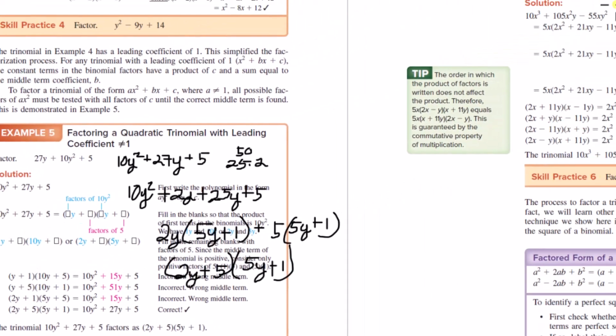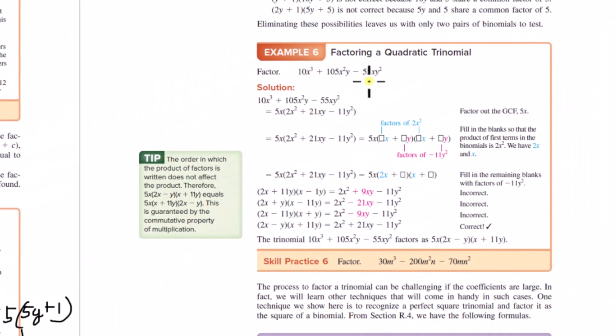Okay, if we come here, same thing, but this is a little bit different because we've got more than one variable. So you put this in order of degree. This is third degree, this is third degree, this is third degree. So I guess the order doesn't matter because they're all third degree. You'll just have to play with it a little bit.